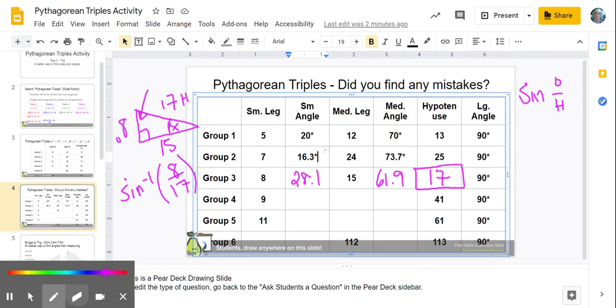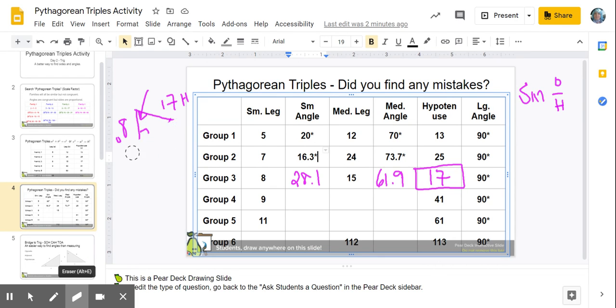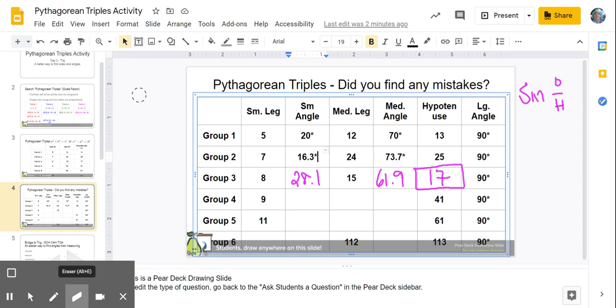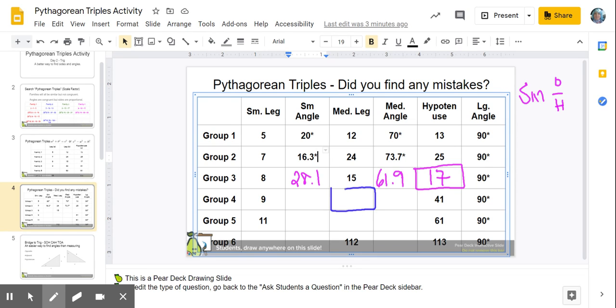Okay. Let's try the next one. So what goes in this box? Which was what? Anybody remember from yesterday, or can we calculate it?